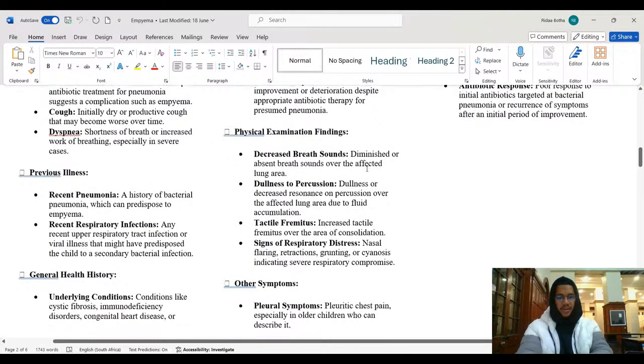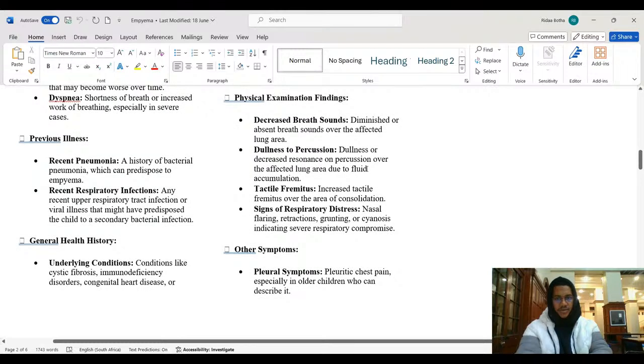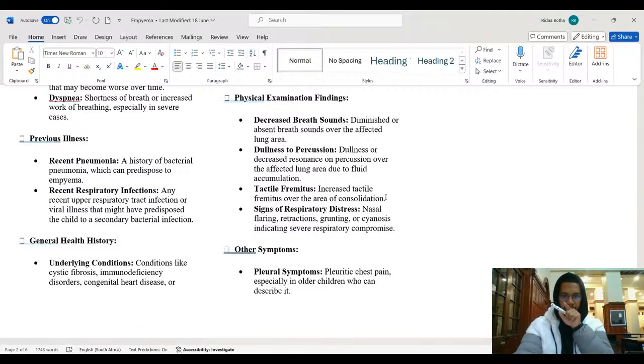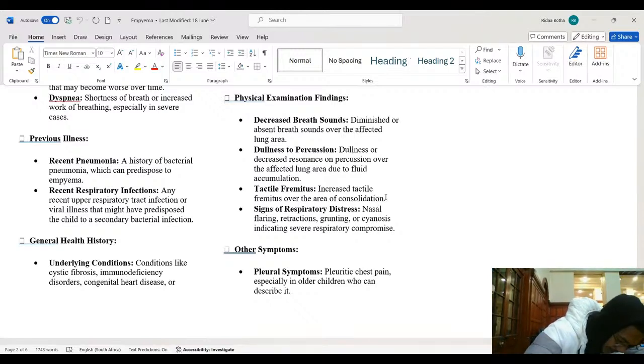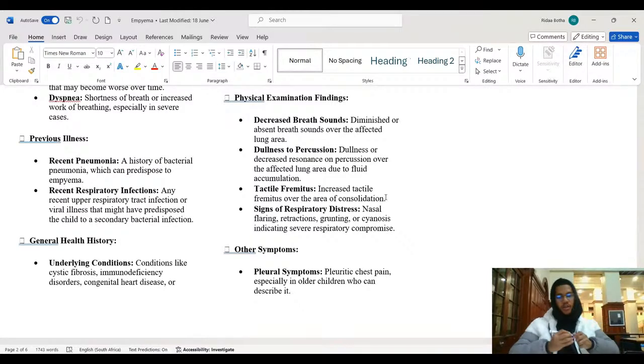And you have a lot of physical findings, which I'm discussing in a moment. Just some things I need to mention on symptoms. Pleural symptoms: older children can present with pleuritic chest pain, which is pain while coughing.